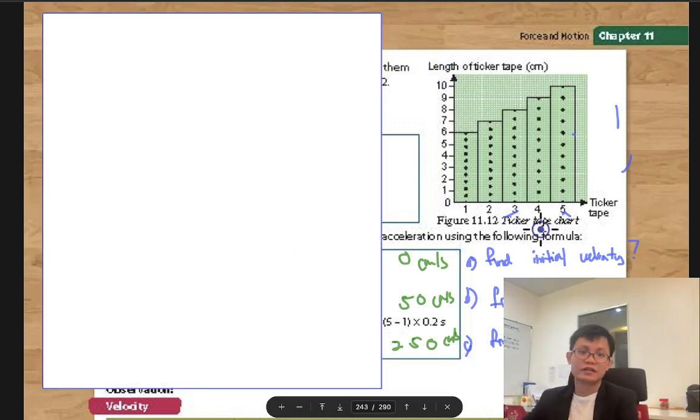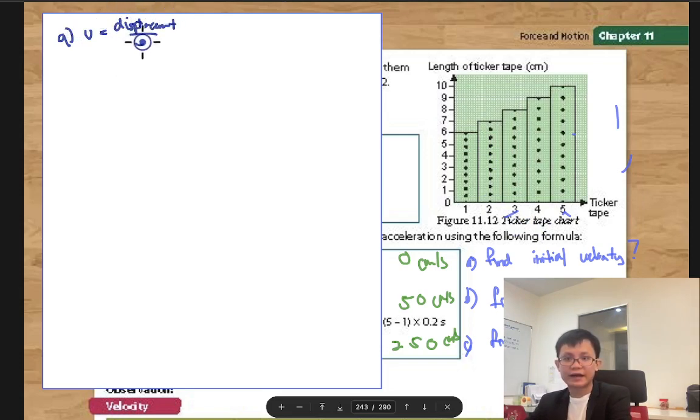Find the initial velocity. So velocity equals displacement divided by the time. So displacement is, you can see here, 1, 2, 3, 4, 5. The initial is this one. This is the final.